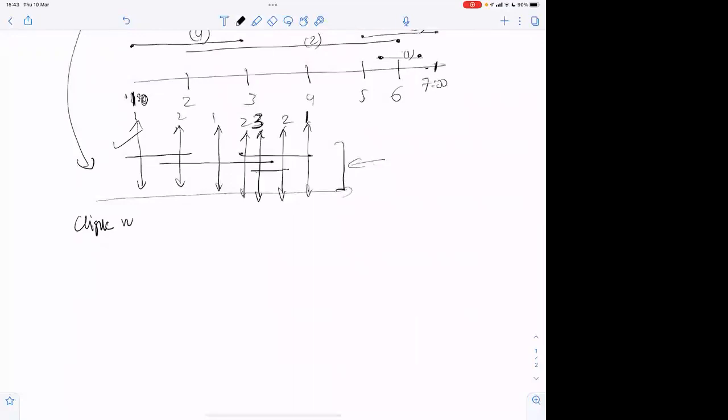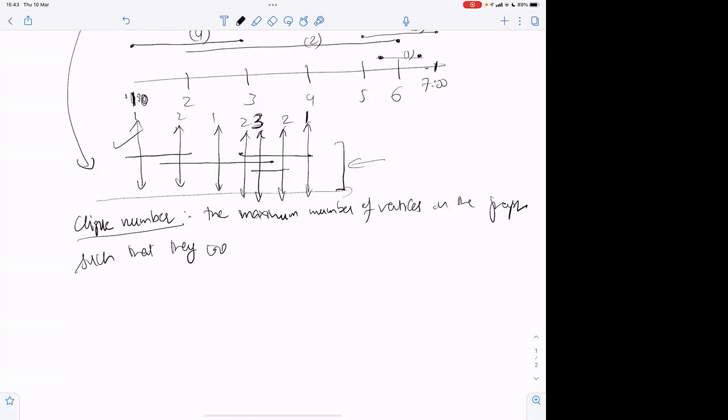Clique number is a lower bound on the chromatic number. So what is clique number? The maximum number of vertices in the graph such that they are mutually adjacent.